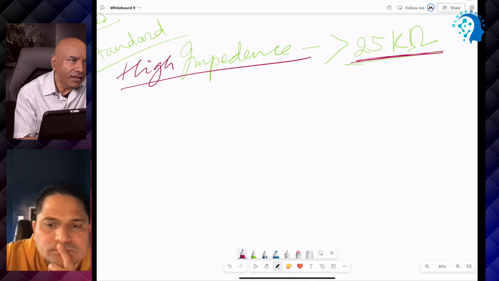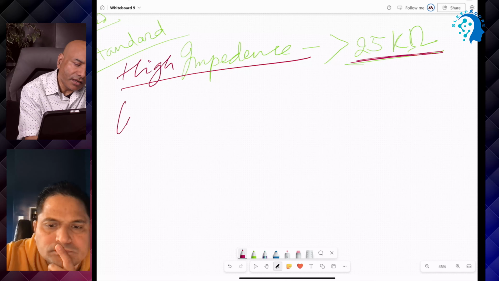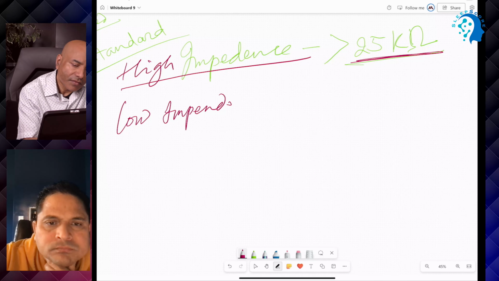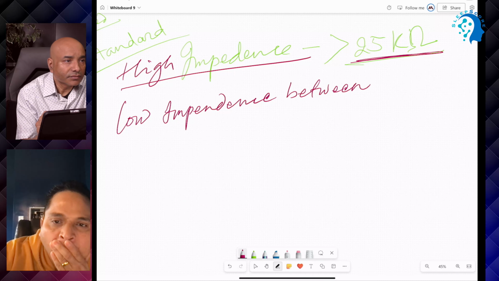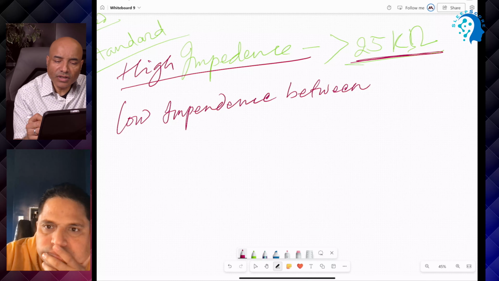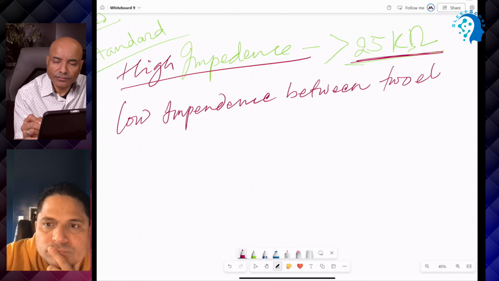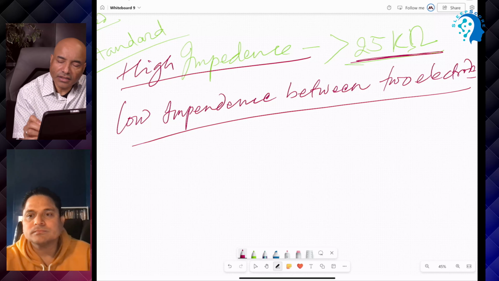The second thing is low impedance between two electrodes. That is another problem.